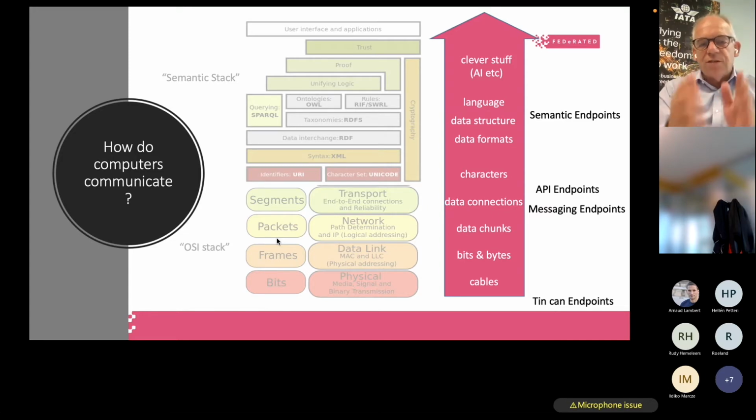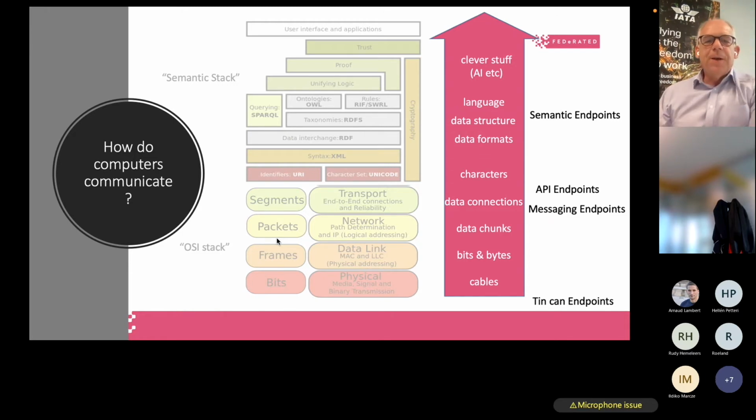The image that I've tried to blank out a little bit, the only reason I put it there is you may hear this one day. You might hear somebody use the term OSI stack or semantic stack. What they're referring to is this story on the right. The OSI stack is about the technical stuff, the cables and the bits and the bytes.